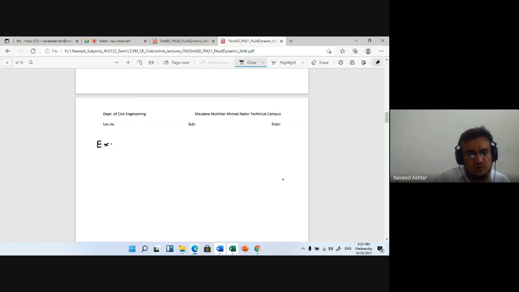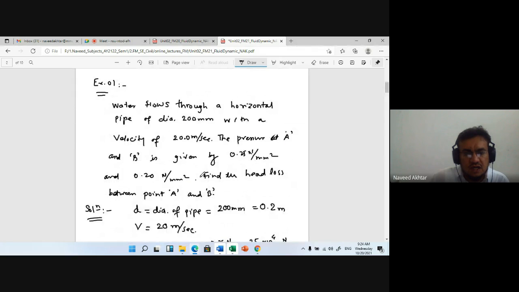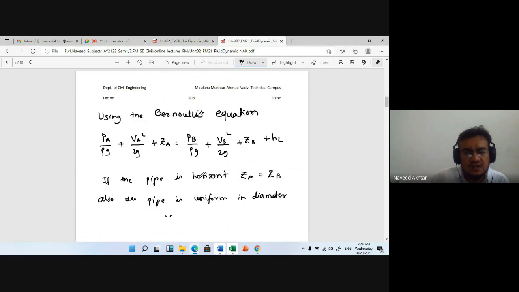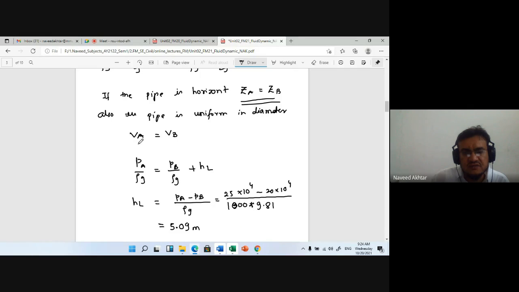Example number 2. So here, because the pipe is horizontal, the flowing velocity is uniform. So in this case, your problem is very simple. Only the pressure difference will be there, and that pressure difference will be nothing but your head loss.